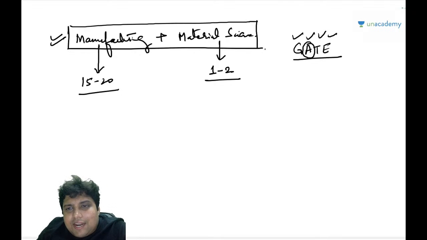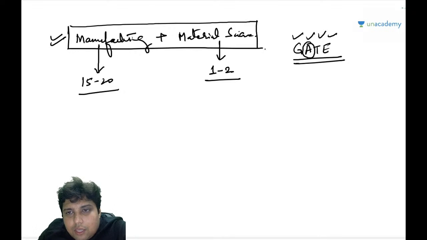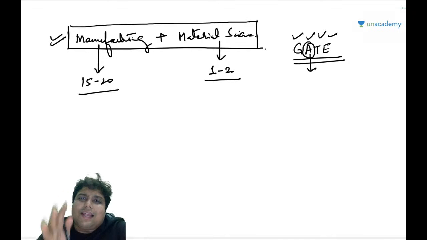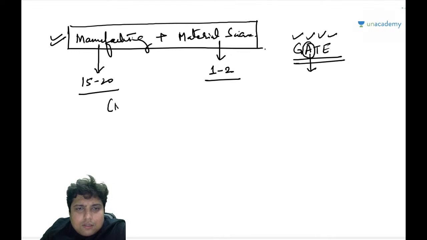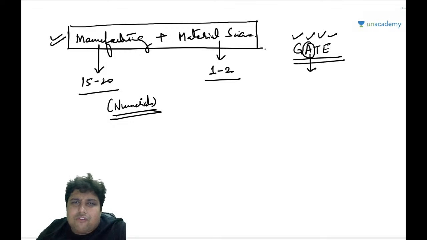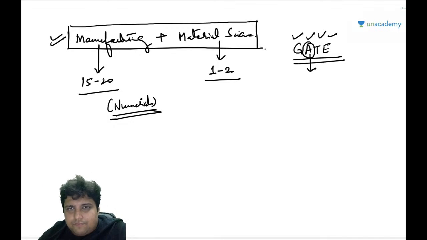As I mentioned, GATE is a graduate aptitude test. If you check out the previous year's papers in the category of manufacturing, all that you will see are numerical problems, aptitude based questions. Negligible amount of theory questions are there.